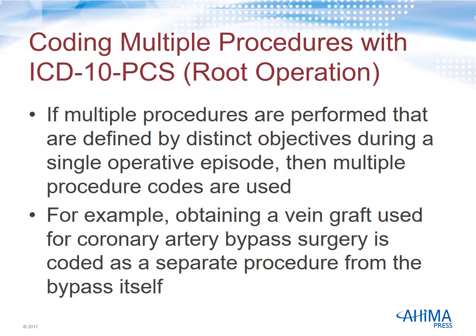Coding multiple procedures with ICD-10 PCS root operation. If multiple procedures are performed that are defined by distinct objectives during a single operative episode, then multiple procedure codes are used. For example, obtaining a vein graft used for a coronary artery bypass surgery is coded as a separate procedure from the bypass itself.